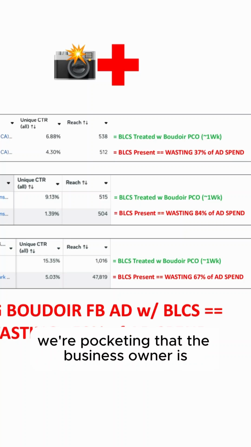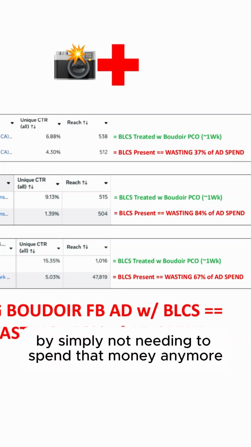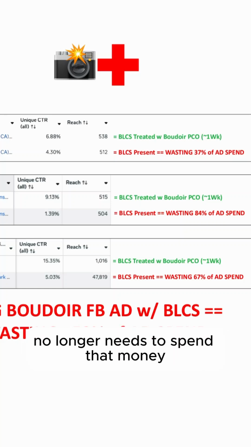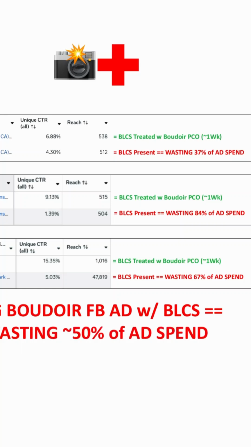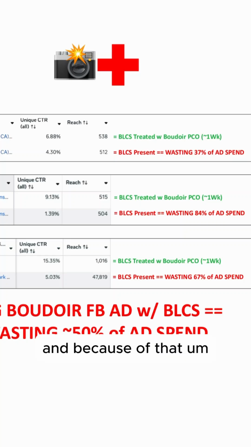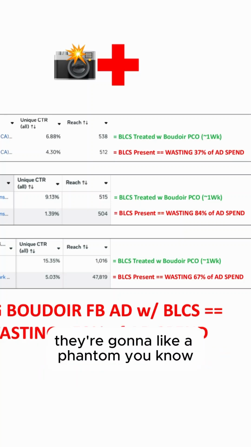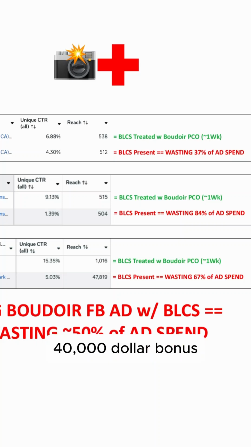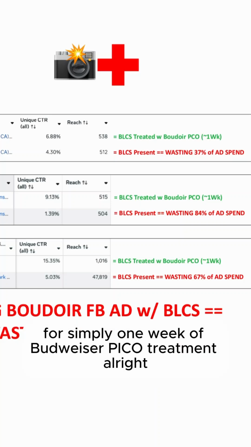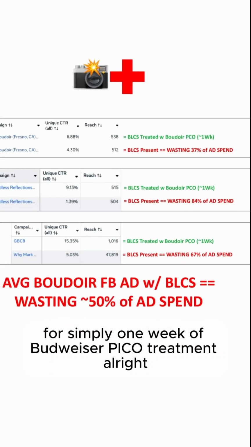The business owner no longer needs to spend that money. And because of that, they get a phantom bonus every month, or at the end of 12 months, like a phantom $40,000 bonus. But it was simply 1 week of Boudoir Pico treatment.